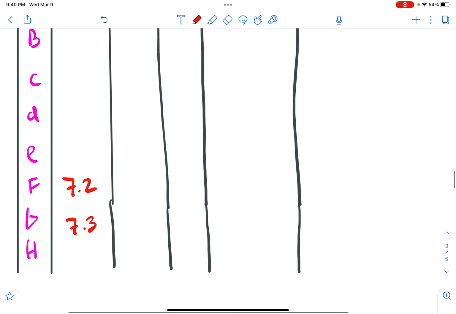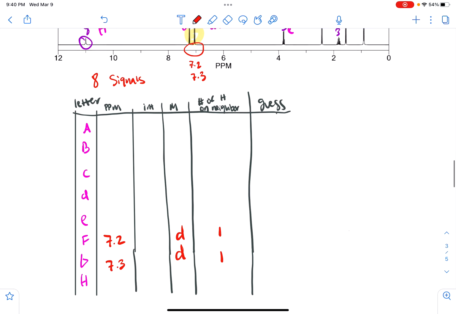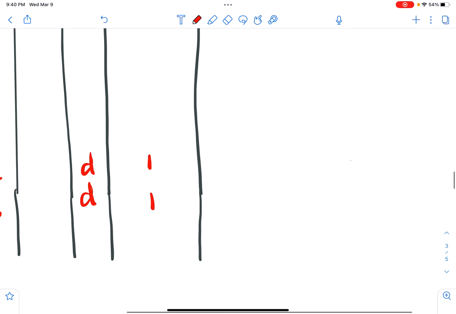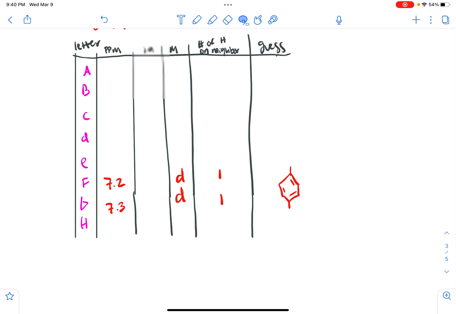The multiplicity is going to be a doublet, and a doublet, so the number of hydrogens on the neighbors is going to be 1 and 1, and that is how that works for now. And so then my guess is going to be that parabenzene that I just drew up there, with those two. And I'm actually going to spin this around. Ooh. Yeah, I'm actually going to just leave it.